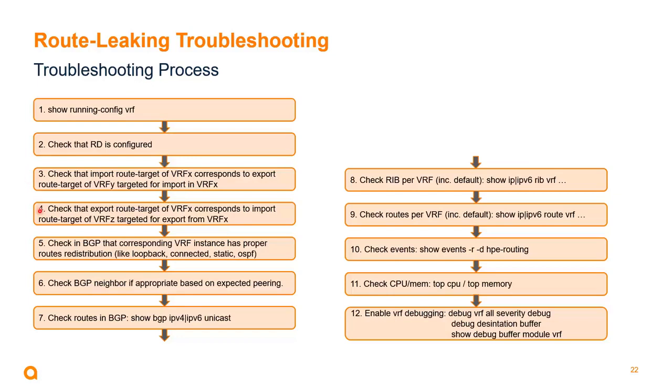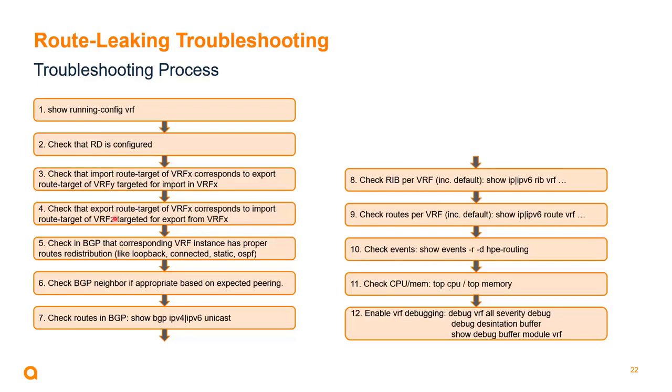And similarly, in reverse, on step 4, you will check that the export route target of VRF X corresponds to the import route target of VRF Z, for instance, targeted for export from VRF X.